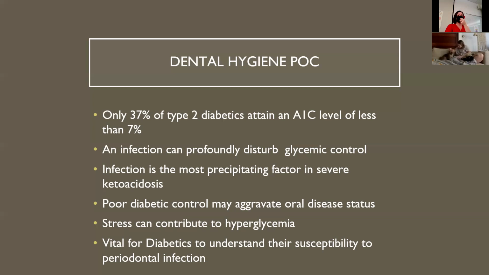So hyperglycemia is increased, which increases ketogenesis. It's sort of a vicious cycle that gets off and running until their blood glucose is so high that they're in a diabetic coma.